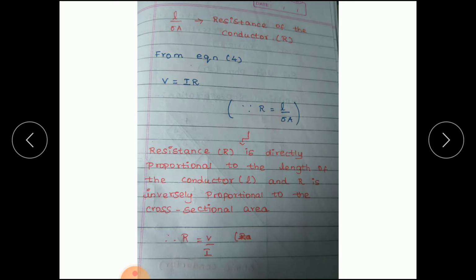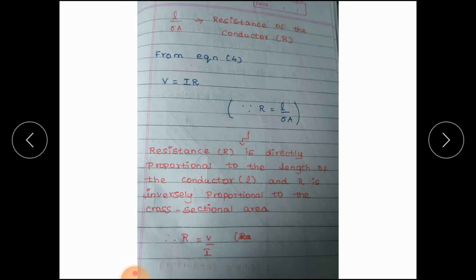Resistance is directly proportional to the length of the conductor and inversely proportional to the cross sectional area. From Ohm's law, if we need resistance alone, we have to take the resistance to the left hand side.